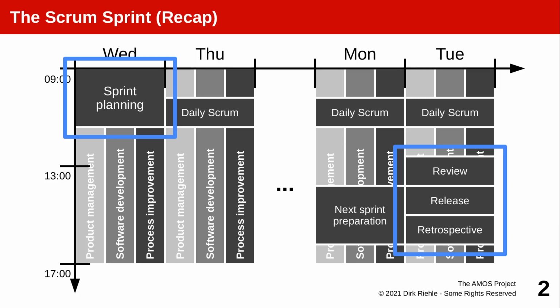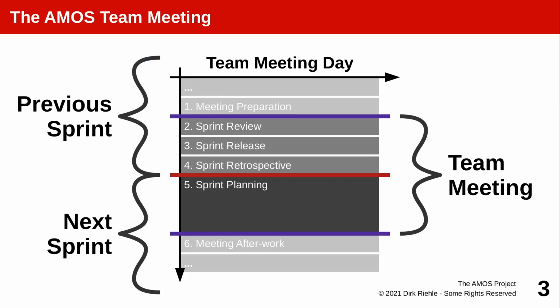In order to make this work at a university, we merge these logically separate meetings into one meeting, the team meeting. And the team meeting starts actually with ending the last sprint. So it starts with the sprint review, release and retrospective, to be explained in a few seconds.